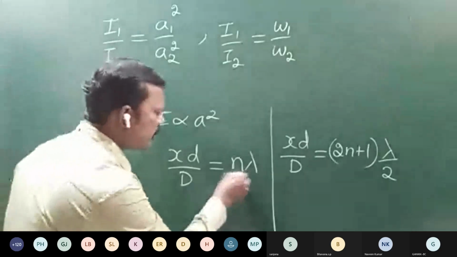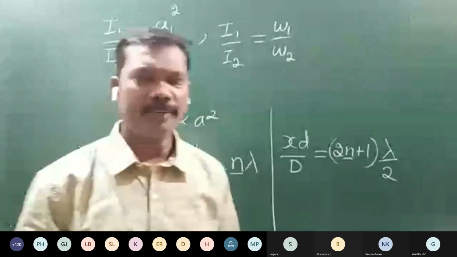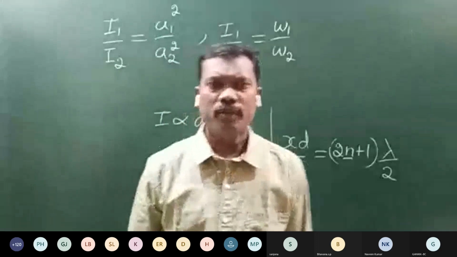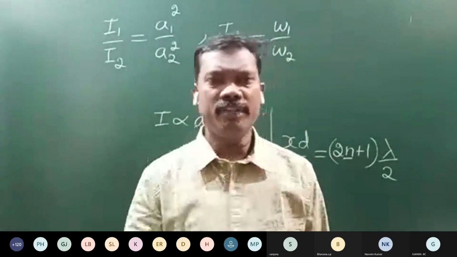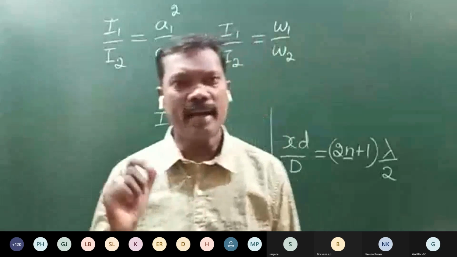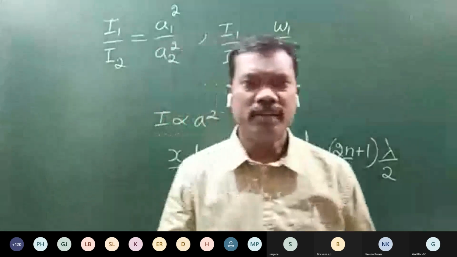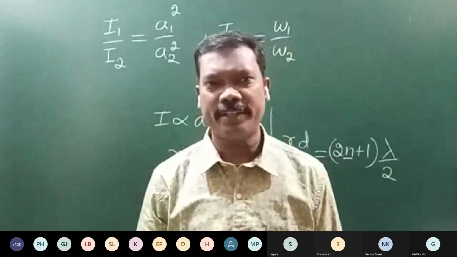So what value do we take for n? That's the main point. Remember a shortcut method. For a bright fringe, whatever fringe number is given, write it as it is. For a dark fringe, you have to subtract 1. For example, for a fifth bright fringe, n is equal to 5.